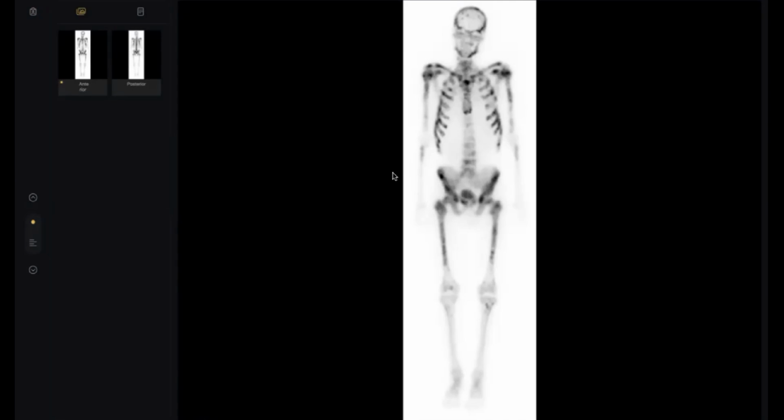Brilliant. Your diagnosis? My diagnosis would be that this can be osteoblastic metastasis from prostatic cancer. What's your next step?